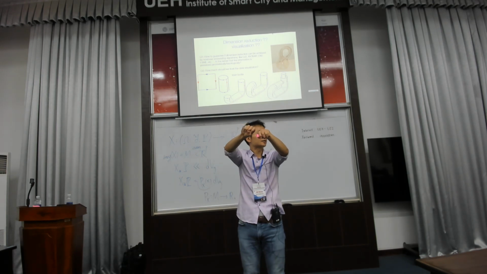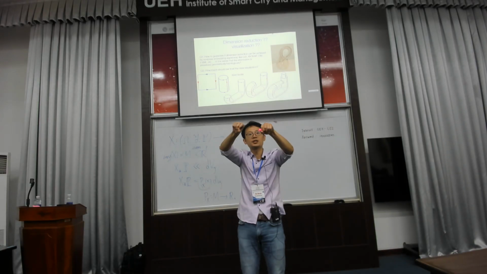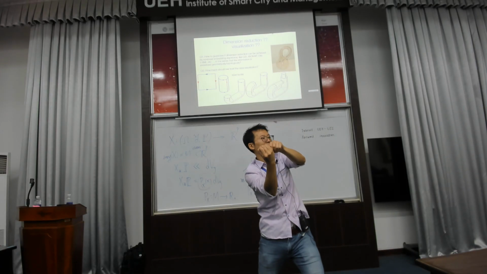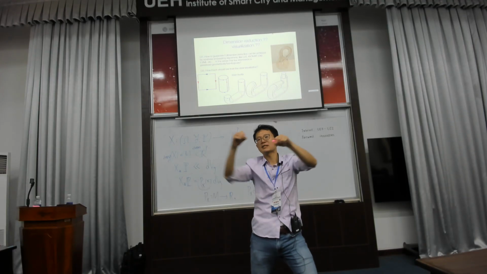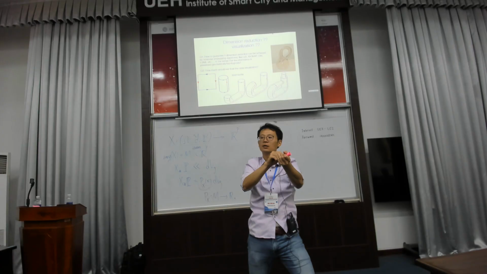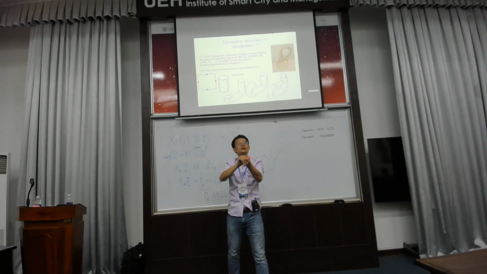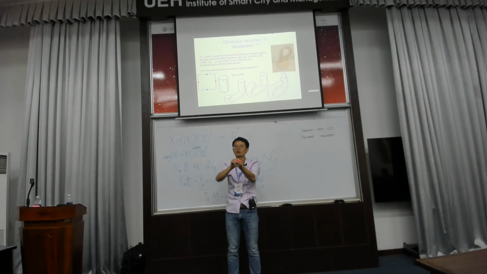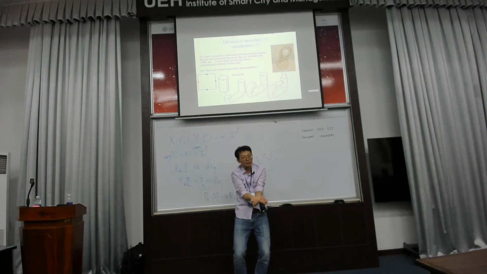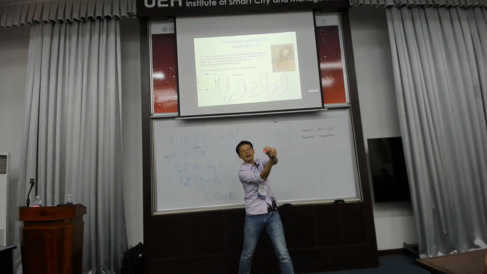But now I tell you that when you bend it and connect it, I don't want you to connect it in this way. I want you to connect it in that way. In three-dimensional space, how can you achieve this without breaking the topology, without breaking the manifold? You cannot. But you can do it in four-dimensional space. If I give you one extra dimension, imagine, then you can bend it a bit and connect both ends in this way.